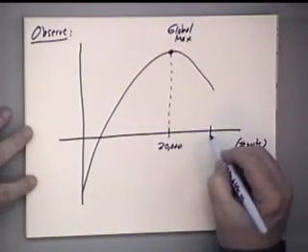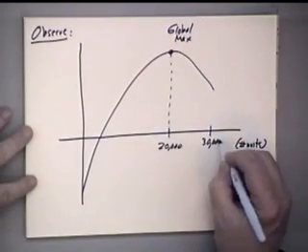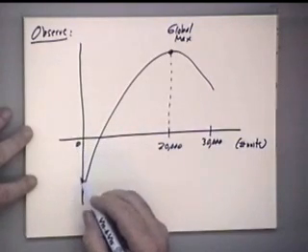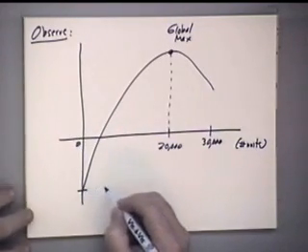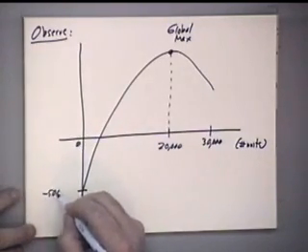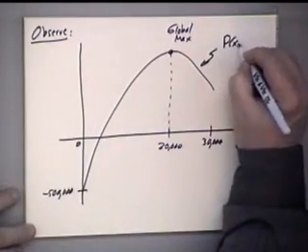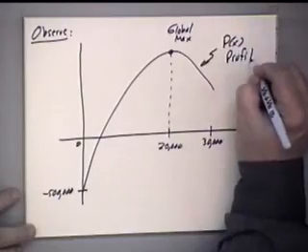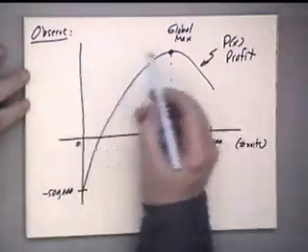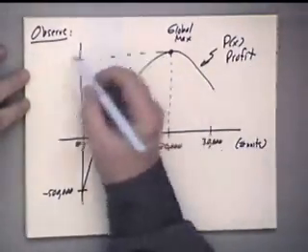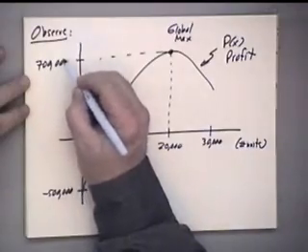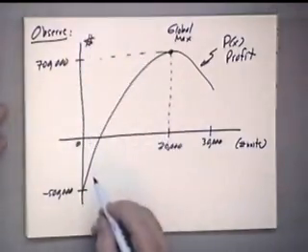The maximum here was 30,000 units. 0 was the lowest. If you compute the profit at 0, you get 500,000 negative, because remember this is P of x, the profit function. And the maximum here was $700,000. And this axis, of course, is in dollars.